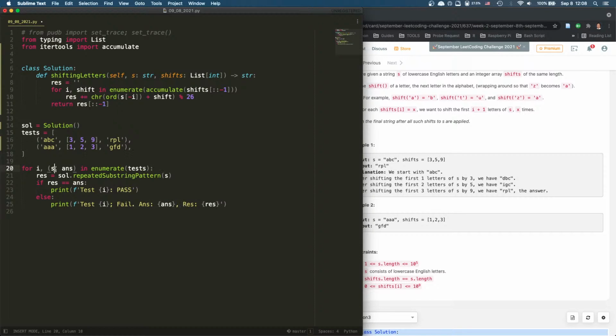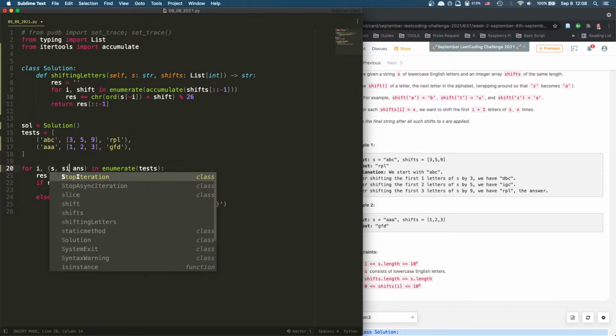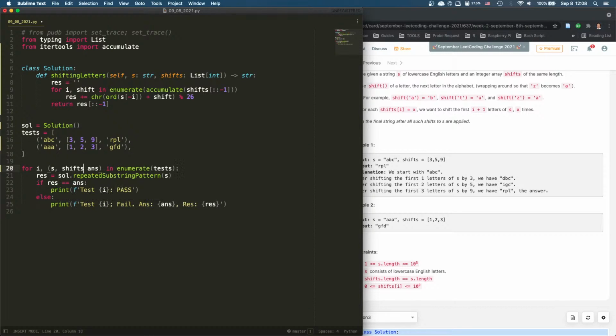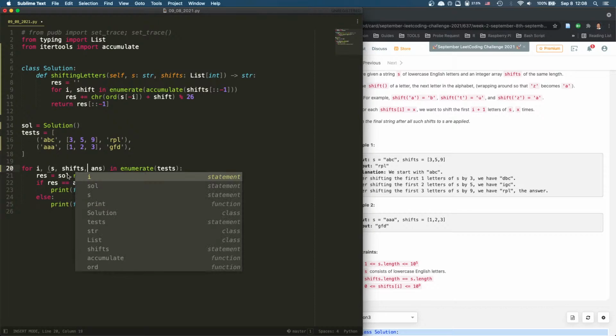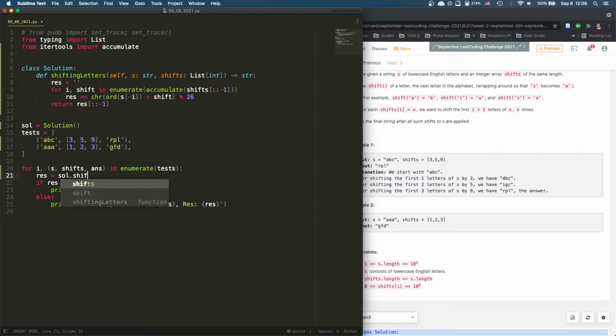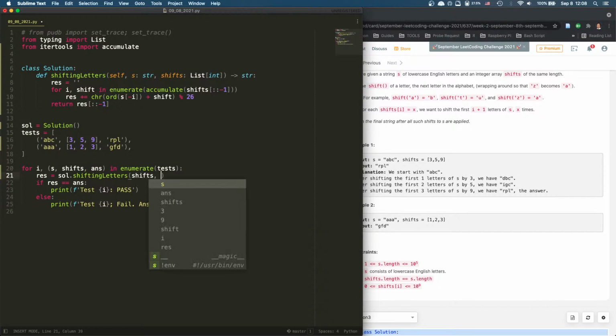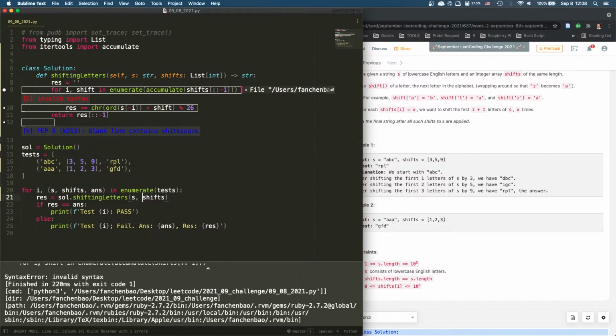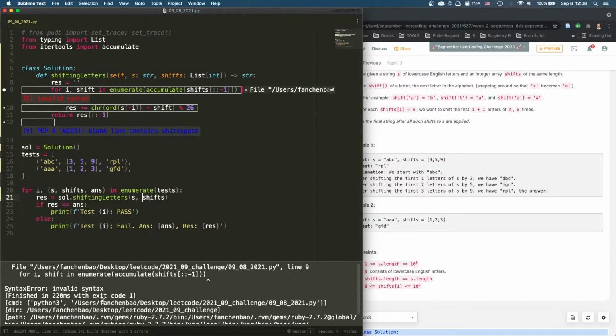All right, so s and shifts, and here is shifting letters, s and shifts. Nope, what happened? Oh, I forgot to put this.